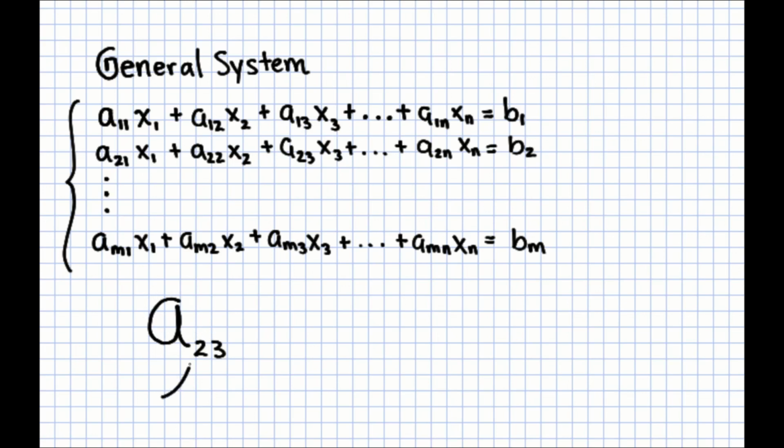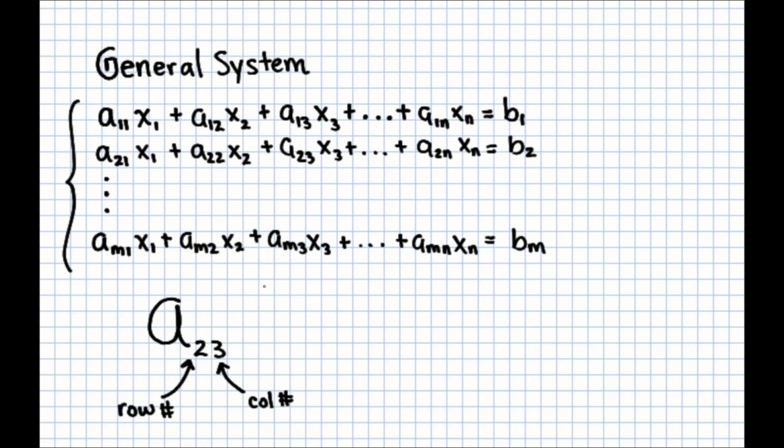This number right here represents the row number or the equation number. We'll just call it the row number. And if you want to think of it in terms of columns, this number right here represents the column number. Or you could also consider it the number that indicates which variable or which unknown the coefficient is attached to through multiplication. And so that's what a general system looks like.